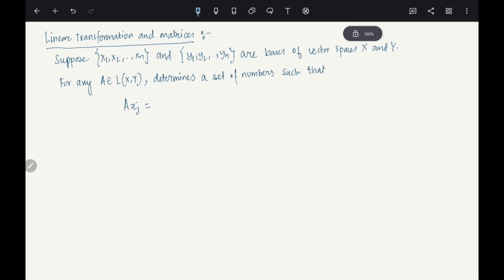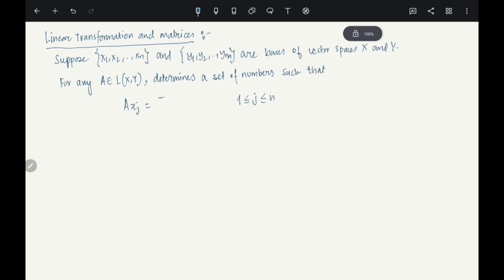Let's say you fix a j between 1 and n. Then A of xj is an element of Y.